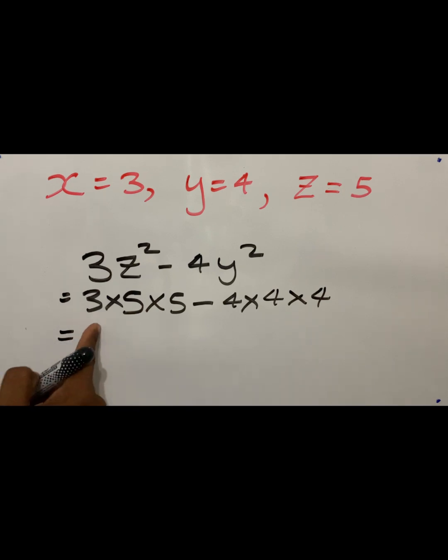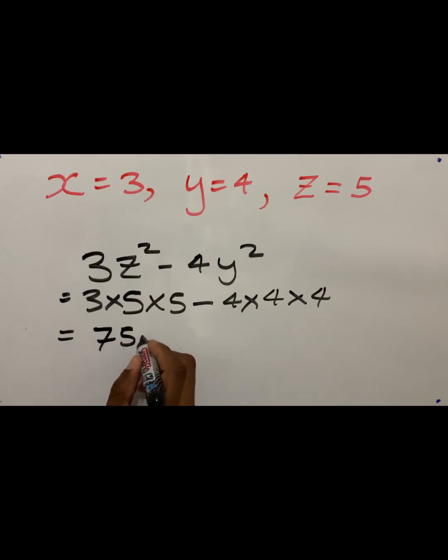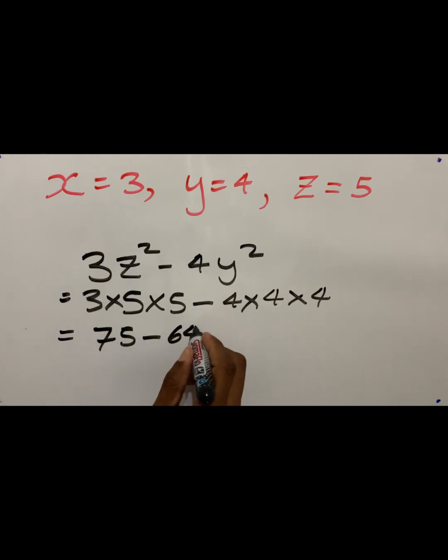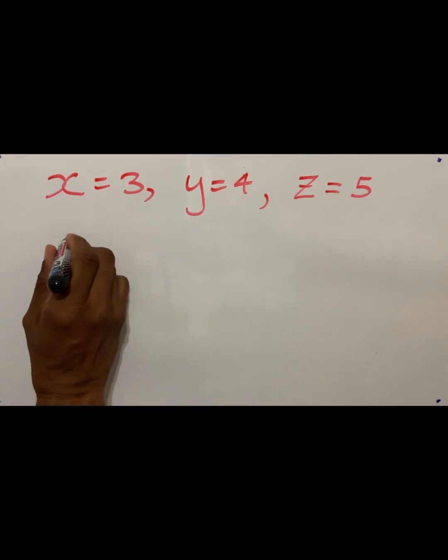This equals 3 times 5 is 15, 5 times 15 is 75, minus 4 4s 16, 16 times 4 is 64. That equals 75 minus 64, which is 11.